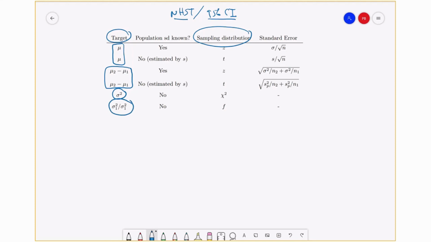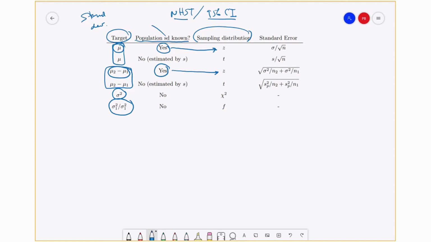So one of the things we ask ourselves is, do we know the population standard deviation? And this SD stands for standard deviation. We've got a bunch of sampling distributions here, and you can see that in the case of mu, or mu2 minus mu1, we use a Z distribution when we know the standard deviation of the underlying population.